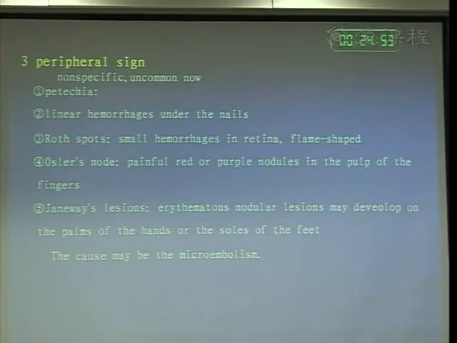It's not painful, so we need to differentiate from the Osler nodes. I just said Osler nodes are painful, red and purple, but the Janeway lesion is not painful. All these signs are caused by microembolism.